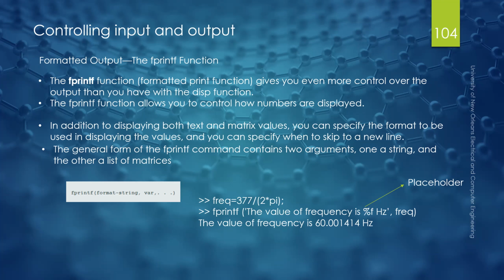And if we type fprintf and in single quotes say 'The value of frequency is', and I'm going to explain this in just a second, '%f Hz'. What the function fprintf is going to do is display what it says in single quotes: the value of frequency is something hertz, Hz.